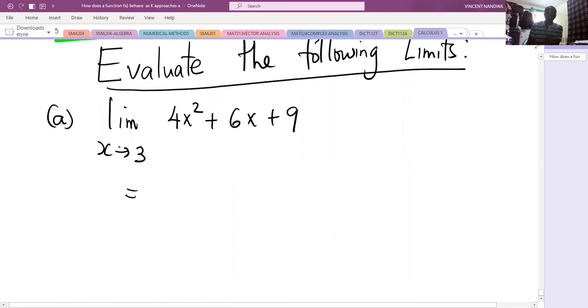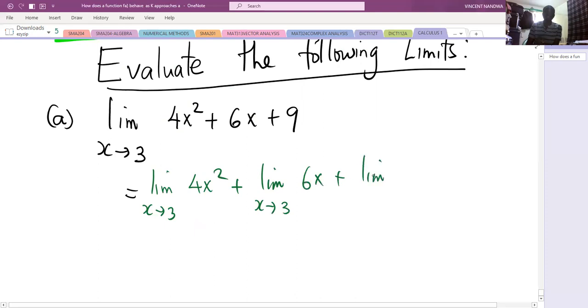This is the same thing as saying limit as x approaches 3 of 4x squared, plus limit as x approaches 3 of 6x, plus limit as x approaches 3 of 9.